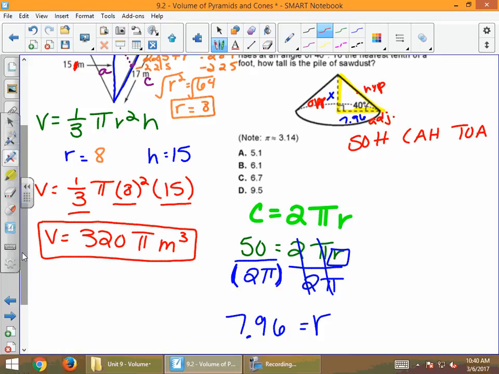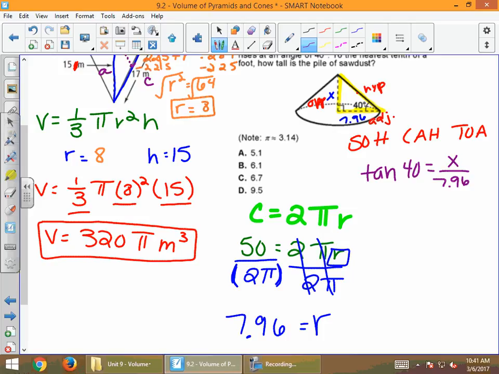Which one are we going to use? Sine, cosine, or tangent based off what we labeled? Good, tangent. We have our opposite, we have our adjacent, so we're going to use our tangent. So you say tangent of that angle, 40, is equal to opposite over the adjacent. Mr. Carr gave you a nice little saying when we did this unit: when x is up high, multiply.